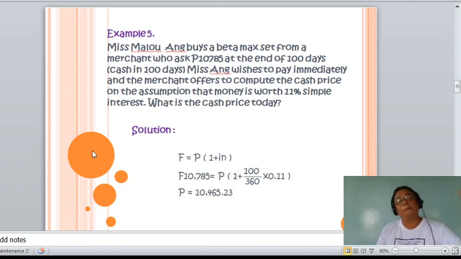Okay, therefore, the value of the present amount now is 10,465.23. So I think it is now very clear to everybody. Okay?